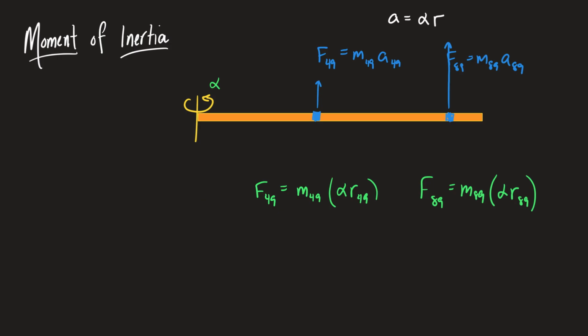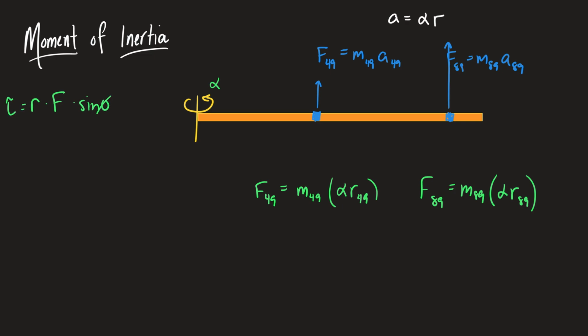Now, this part's going to be maybe tough to understand, so pay attention. If I want the whole thing to rotate, I could have just applied a force somewhere on the middle of the meter stick. And that force would cause a torque, because we know how torque works now. We know the definition of a torque is r times F times sine of the angle, and this equals torque.